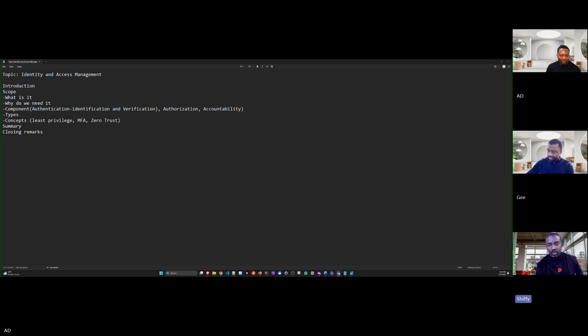So let me just make a quick mention as to why we need identity and access management. Like we earlier said, it's important to identify your resources. It could be users, devices, machines, or service accounts. The first point of identification needs to happen.